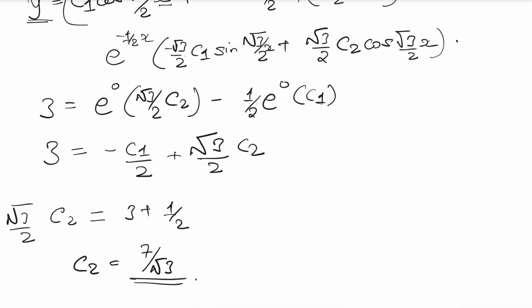So now we have the value of c1 and c2. We replace them in the general solution to get the particular solution.